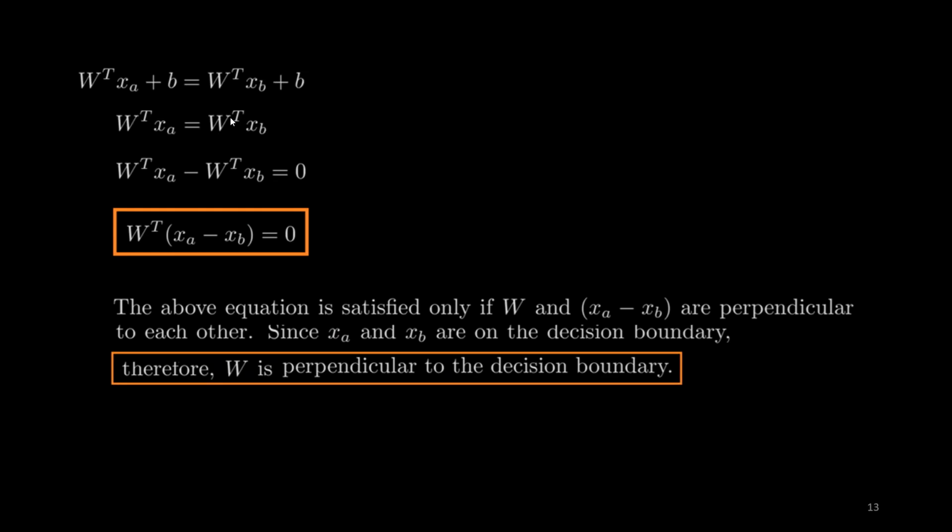Now move W transpose XB from the right side of the equation to the left side. It gets a negative sign, and we get 0 on the right side. From these two terms on the left side, I can take W transpose as common, leaving XA minus XB.